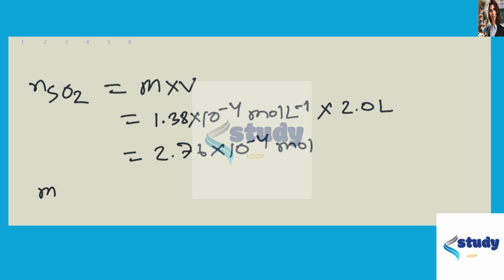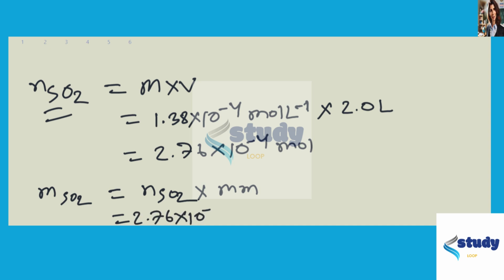So this is the number of moles of sulfur dioxide in equilibrium. From here we can find the mass of sulfur dioxide in equilibrium. We know that the number of moles is equal to mass over molar mass. That means mass will be number of moles times the molar mass. So the number of moles of SO2 we have calculated as 2.76 times 10 to the power minus 4 mole times the molar mass of sulfur dioxide, which is 64.07 gram per mole.